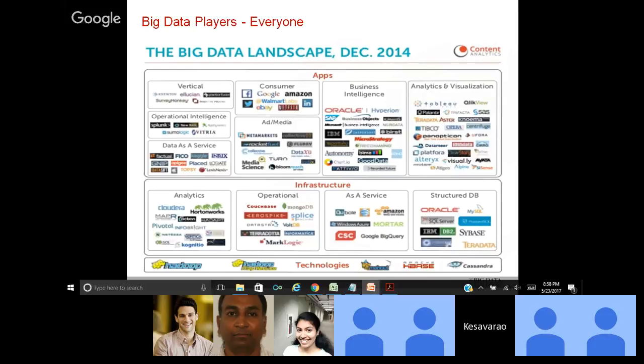Some are in the analytics area, some in the operational area, some in the database area, some focus on apps, some on the infrastructure side. Every company and every product is focused, not everything like a package, but there are so many niche players now, new players.